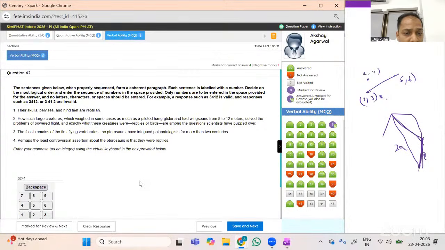Exactly what these creatures are, reptiles or birds, are among questions that scientists have puzzled over. Finally, hang glider wingspans of 8 to 12 meters solve the problem of power supply. Among questions include their skulls, reptilian.